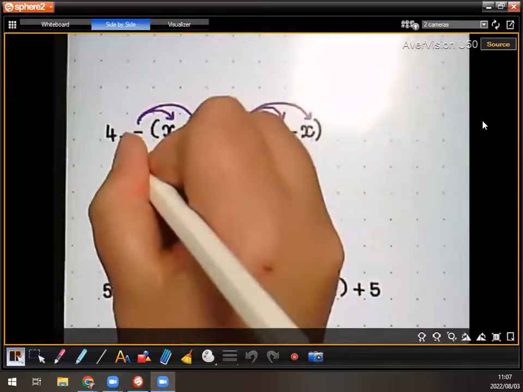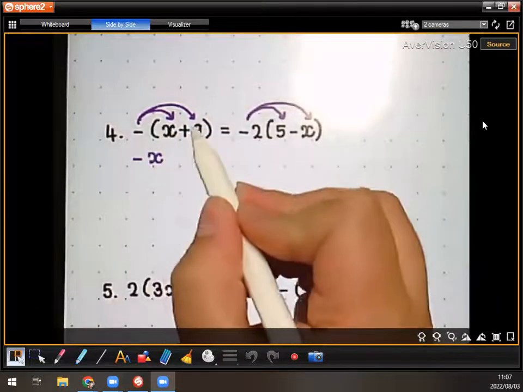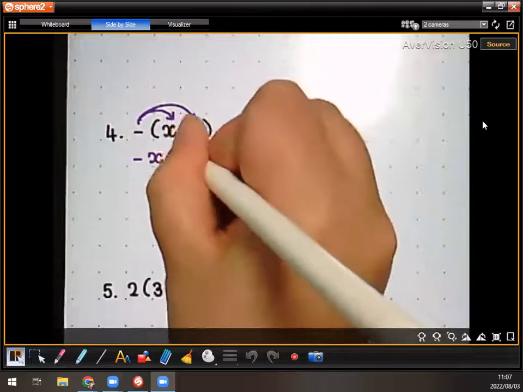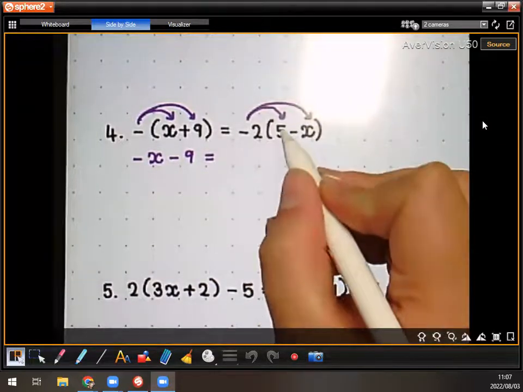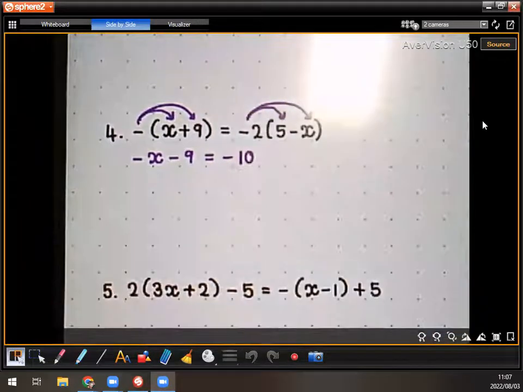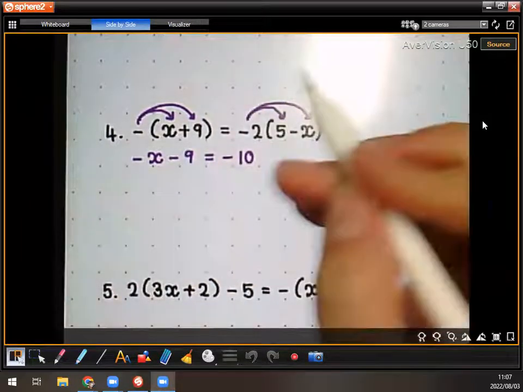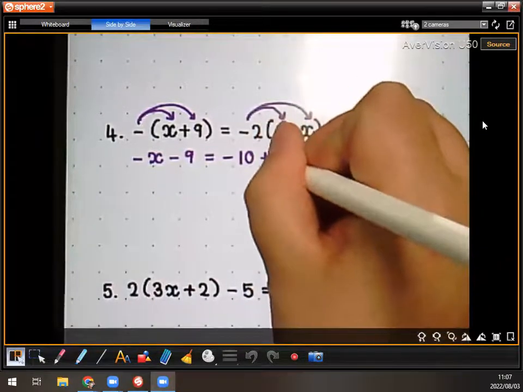So negative 1 times x is negative x. Negative 1 times 9 is negative 9. On the other side, negative 2 times 5 is negative 10. And negative 2 times negative x is positive 2x.